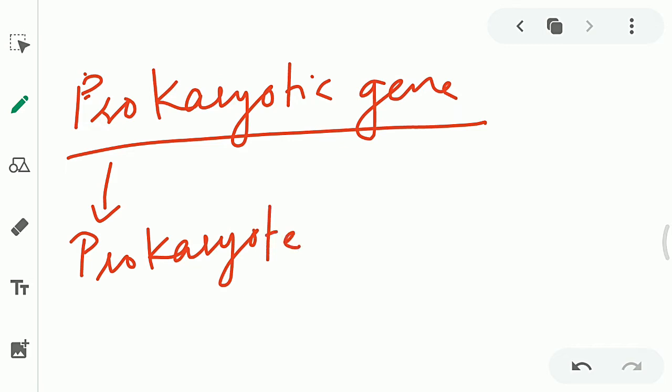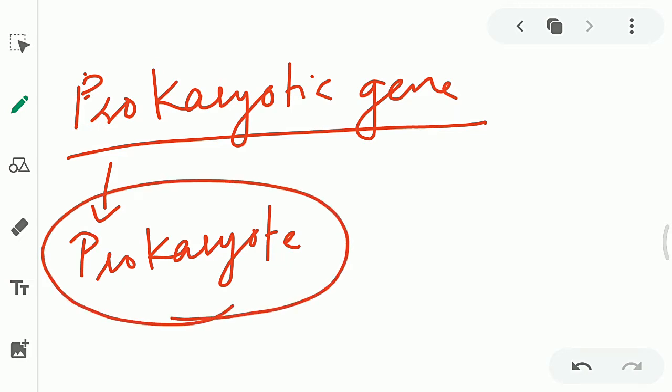The reason is, every type of gene, for example any prokaryotic gene, has a special structure. In the last year we had discussion on the structure of gene. There we studied that prokaryotic genes are different from eukaryotic genes. So prokaryotic genes are best suited in a prokaryotic host.